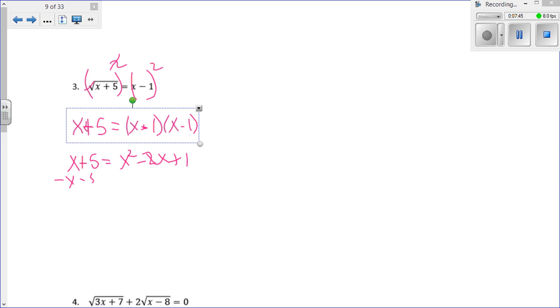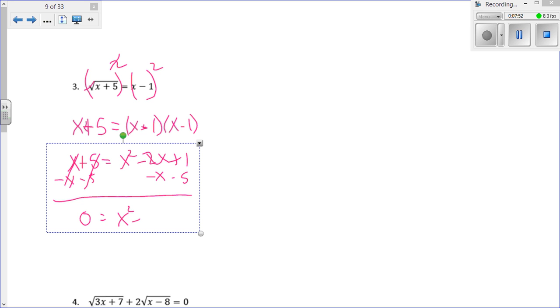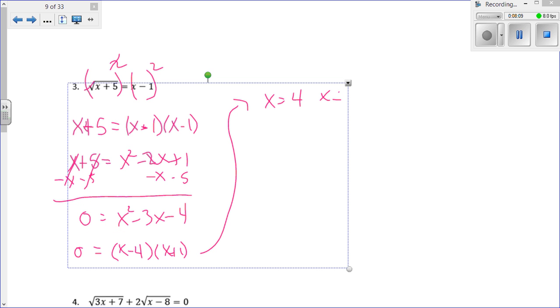Subtract x, subtract 5. So 0 equals x squared minus 3x minus 4. So 0 equals x minus 4 and x plus 1 when we factor. So x equals 4, and x equals negative 1.